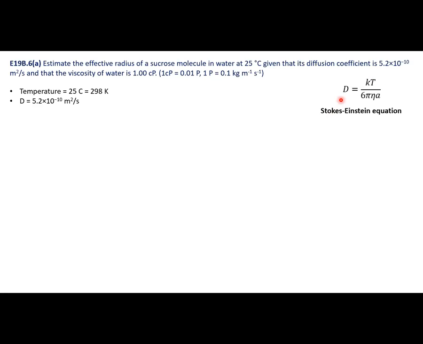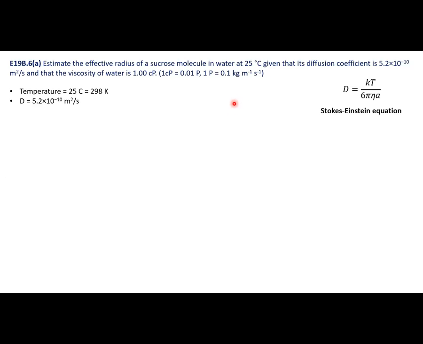Sometimes the examiner enjoys giving the questions in terms of confusing units. 1 centipoise is equal to a hundredth of a poise, and 1 poise in terms of kilo is equal to 0.1 kilogram per meter per second. I hope your examiner allows you the cheat sheet so that you can have all these conversions on paper. Otherwise, you need to remember all of this.